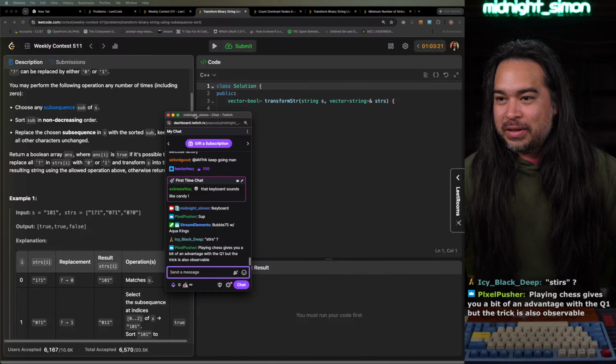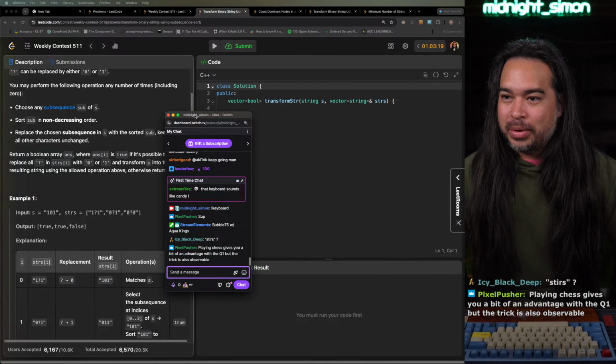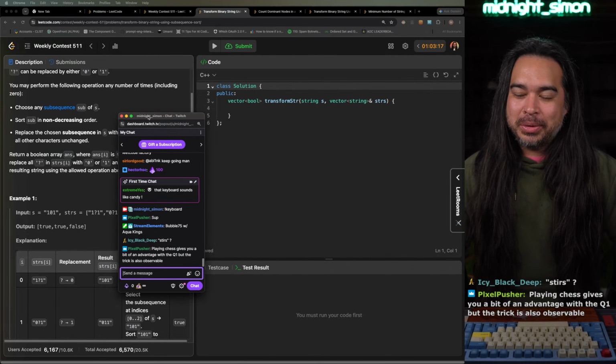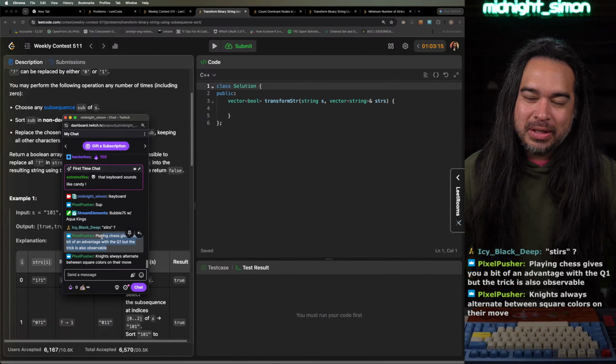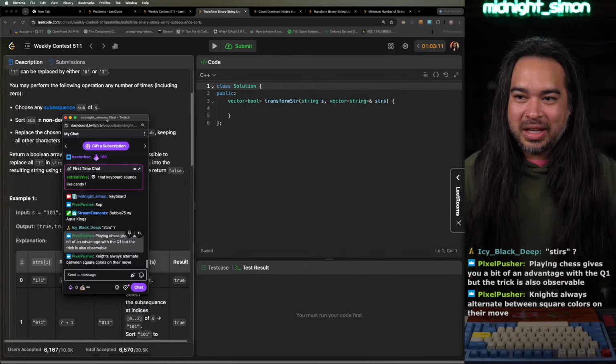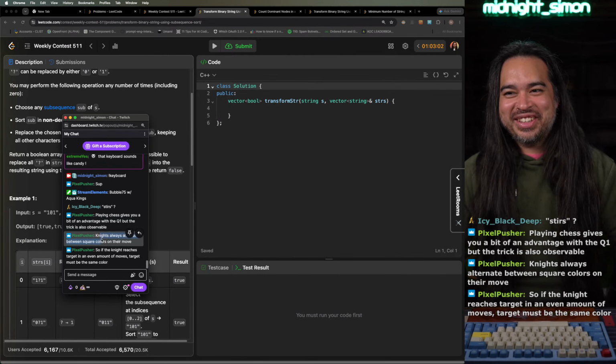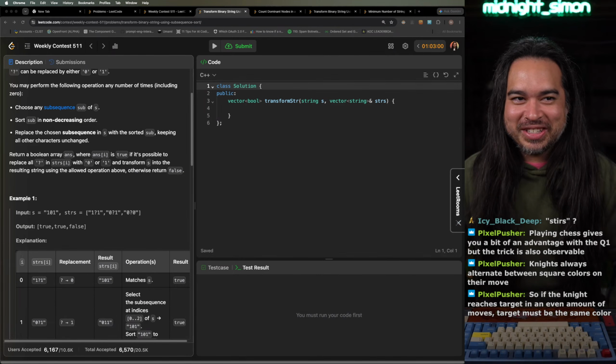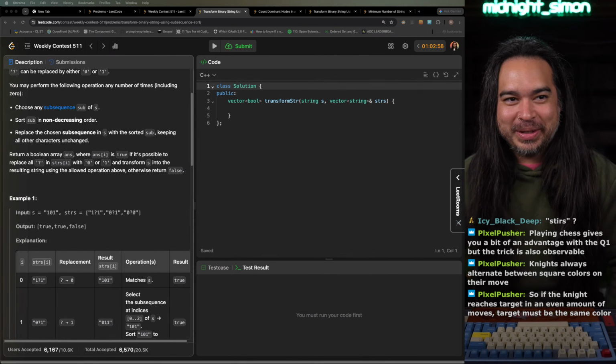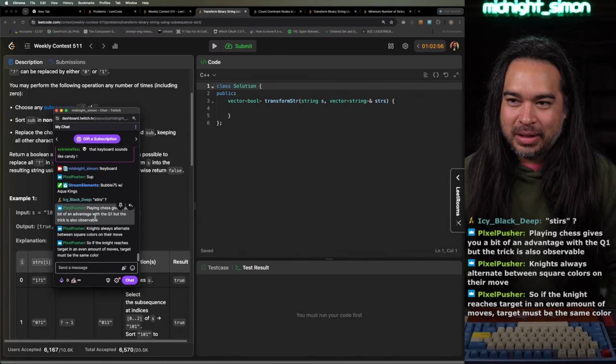Playing chess gives you a bit of an advantage with the Q1, but the trick is also observable. Yeah, it feels like there must be an easier way to do that problem, man. Knights always alternate between square colors on their move. I didn't know that. But I'm not going to try and use this trick. I'm going to go back and try and solve it with whatever I was trying to do, man. But interesting.